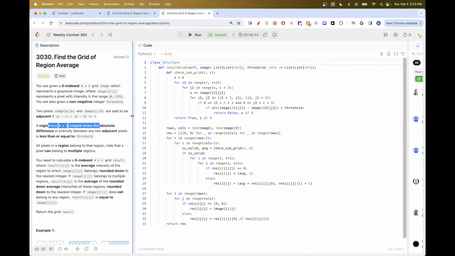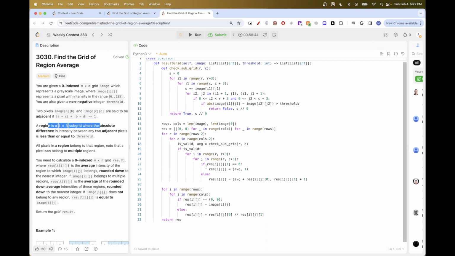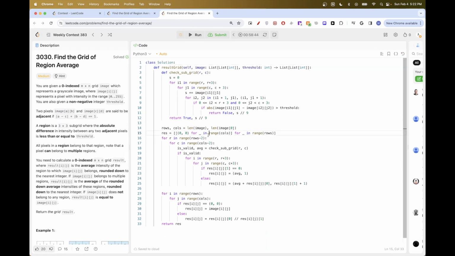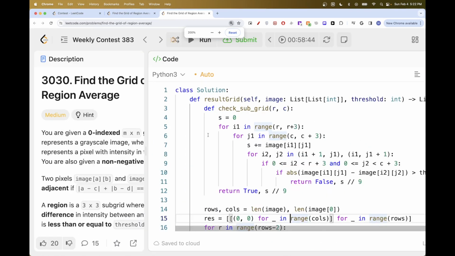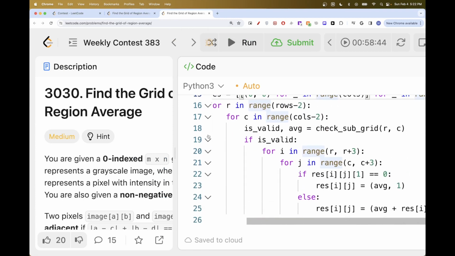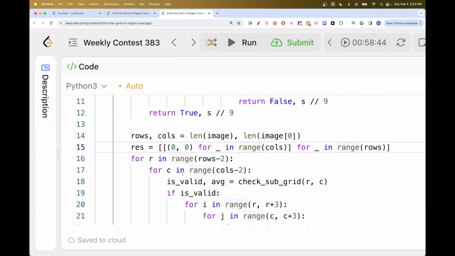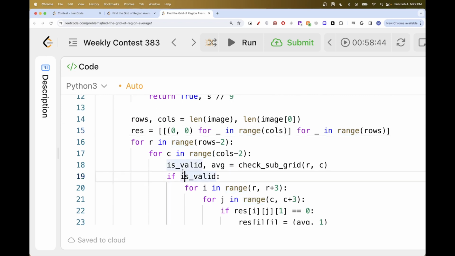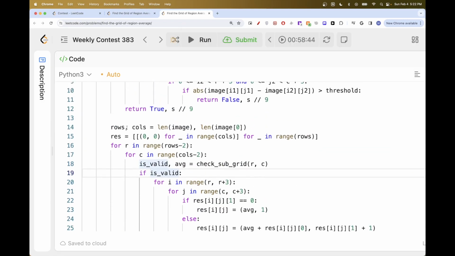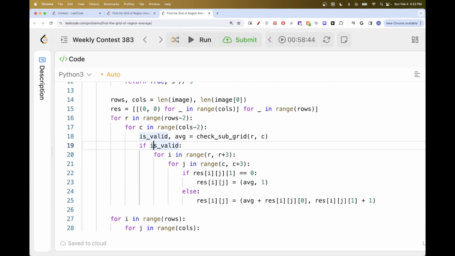So I'll just not do an overview, like a whiteboard overview. I'll just look at the code directly because it's purely brute force. So the first thing we need to do, of course, is just look at each potential start of a subgrid.